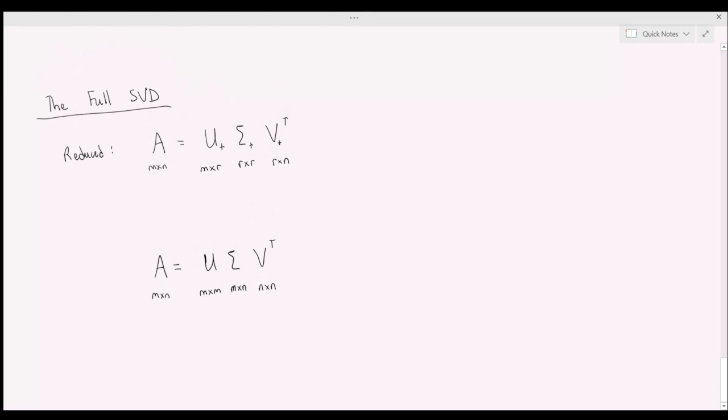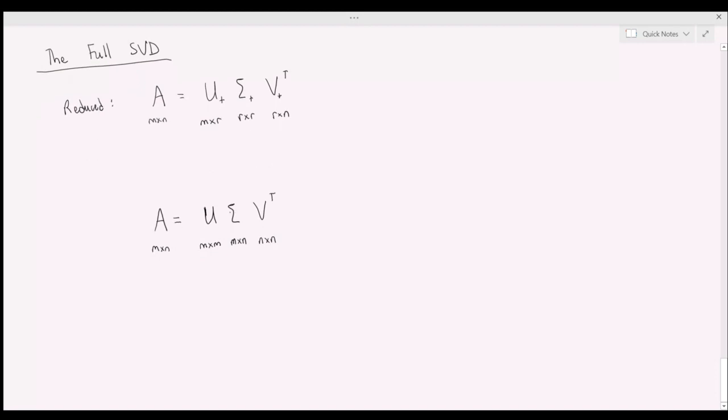But for the full SVD, we would also need to look at the zero eigenvalues of A transpose A and A A transpose and find those eigenvectors, and those would be added into the U and the V to get these two matrices. And then the sigma in the middle is still kind of a diagonal matrix with the singular values on its diagonal, except you would add zeros to it afterwards to make it the same size as A.